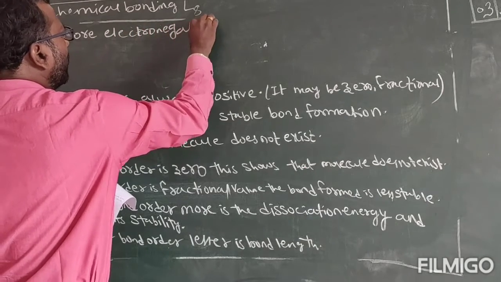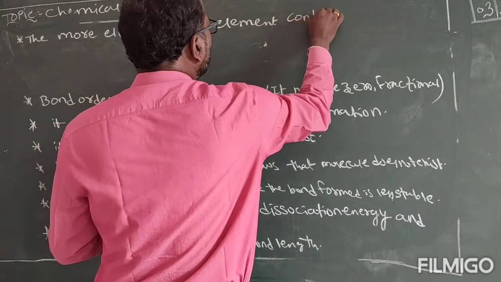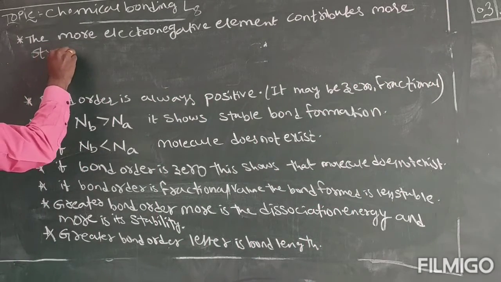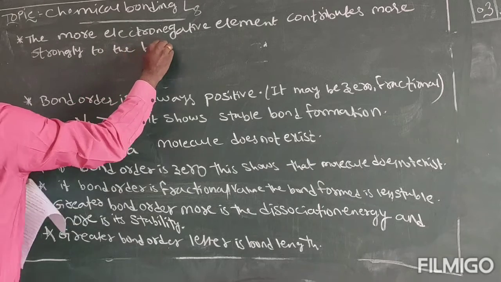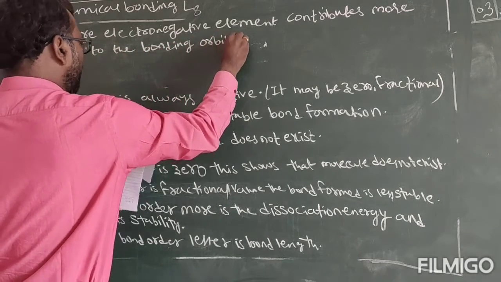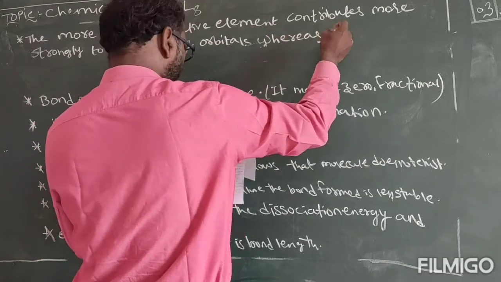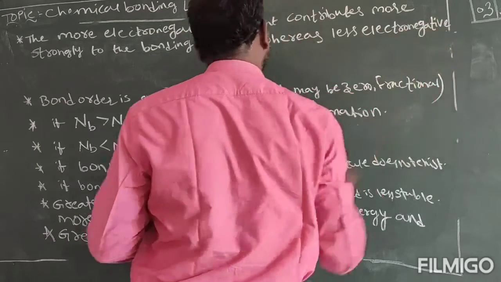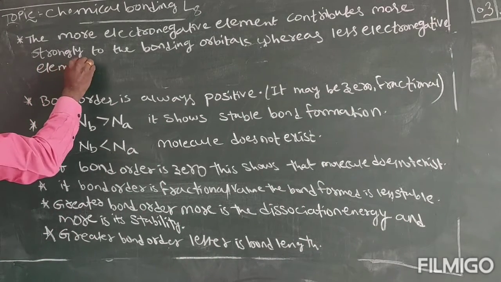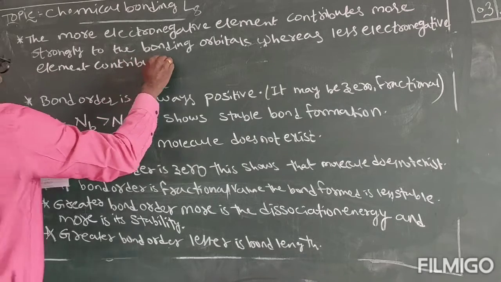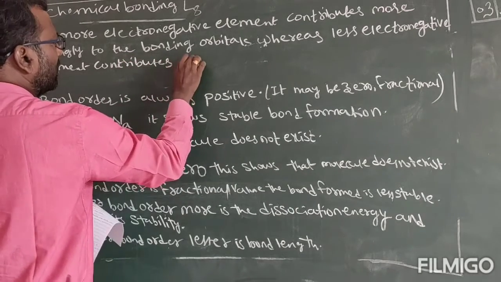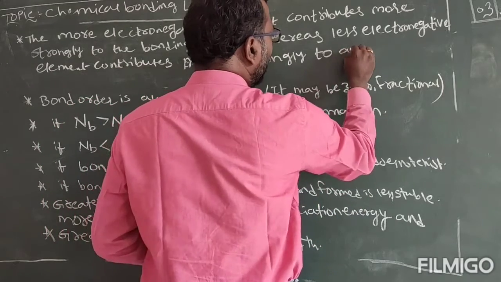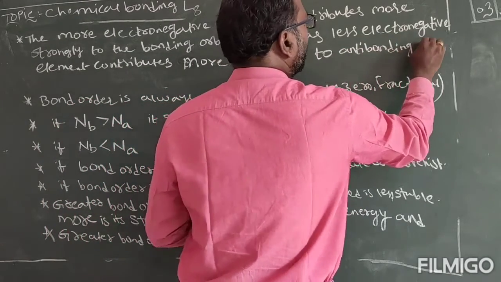The more electronegative element contributes more strongly to the bonding orbitals, whereas the less electronegative element contributes more strongly to the anti-bonding orbital.